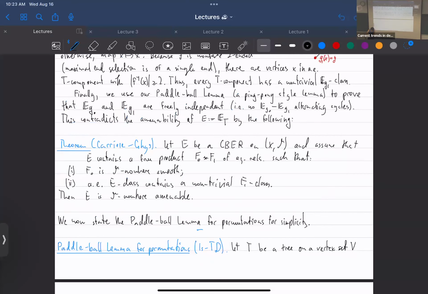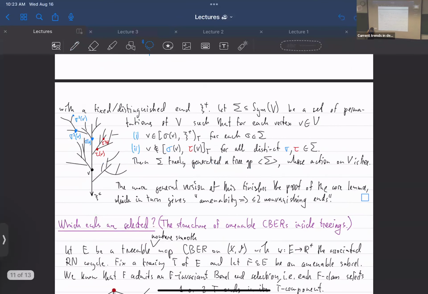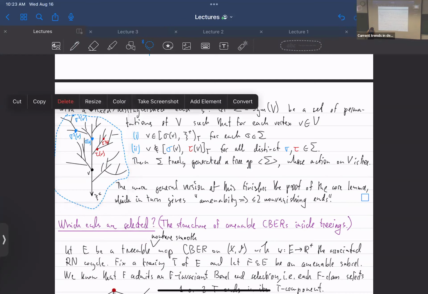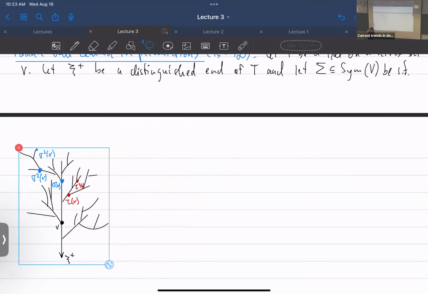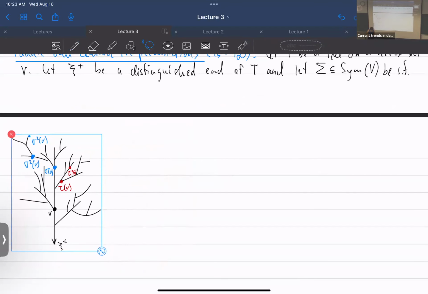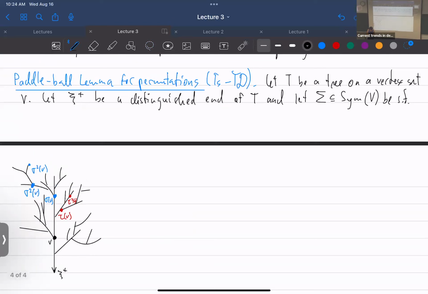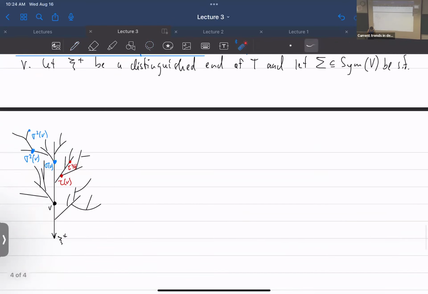First let me copy paste the picture. My former student Matt says, can you stop writing nonsense and draw a picture? So before I write nonsense, I want the picture to be there. So this is my tree T. This is the distinguished end. And now I'm going to tell you what these permutations satisfy.